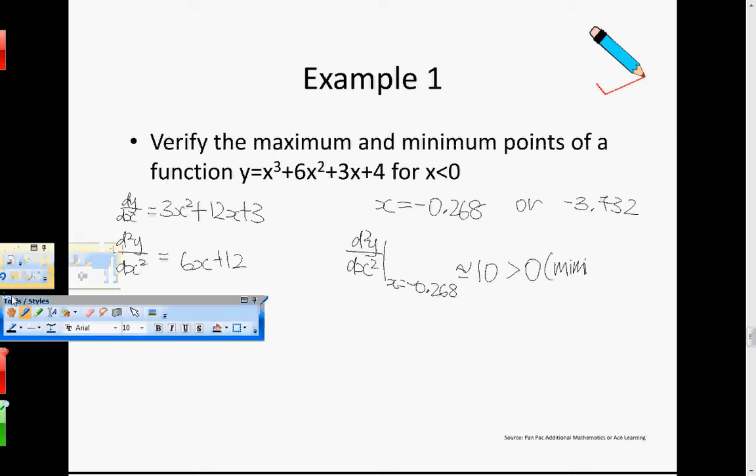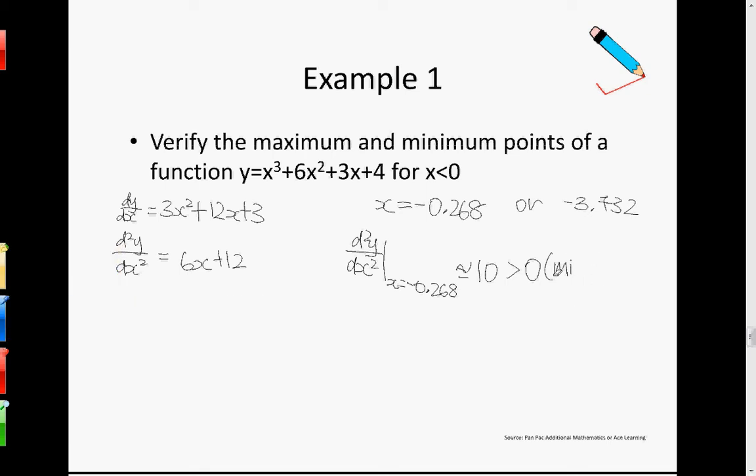Now if we sub in x equals negative 3.732, we get about minus 22 plus 12, which is approximately minus 10, definitely less than 0. So this is a maximum point.